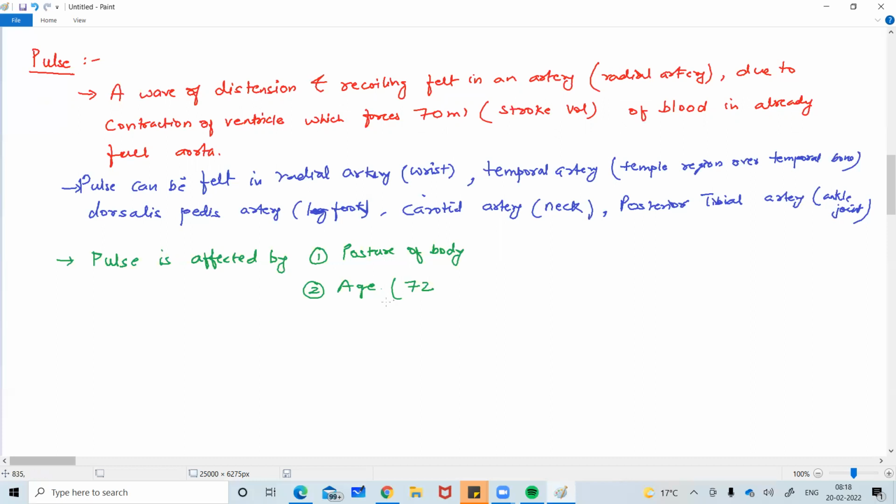So I'm writing the average, that is 72 per minute in adults, and around 120 per minute in children. Old people have slower pulse. A newly born child has 140 per minute pulse.